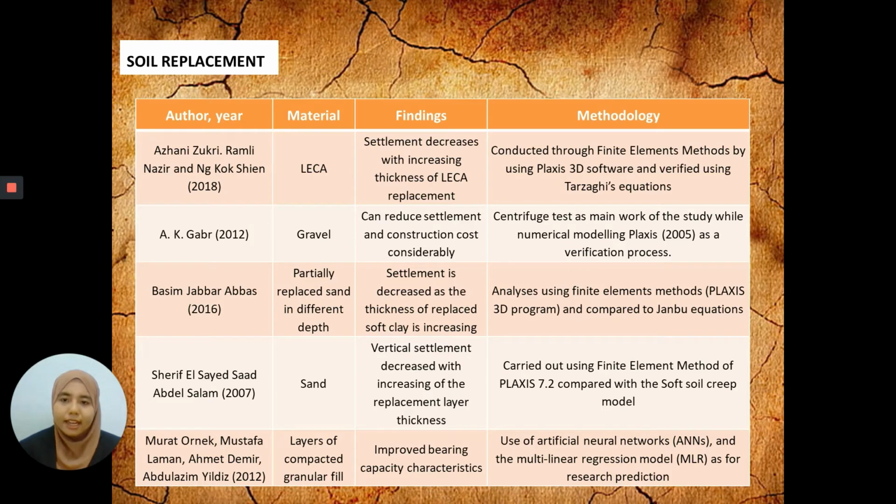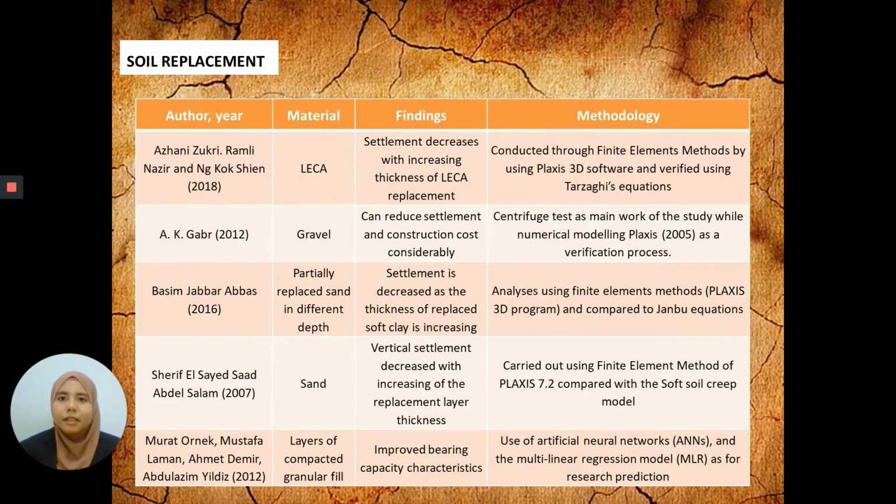For the type of material, he used gravel, and the result showed that the replacement can reduce the settlement and thus construction costs. Basim Jabar also analyzed their study using the finite element method with Plaxis 3D and compared their result using the Janbu equation. The result also showed that settlement decreased as the thickness increased.